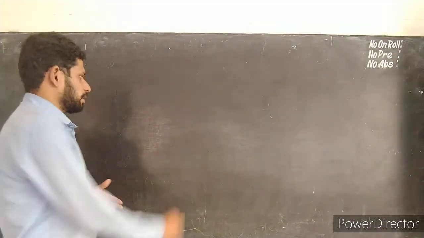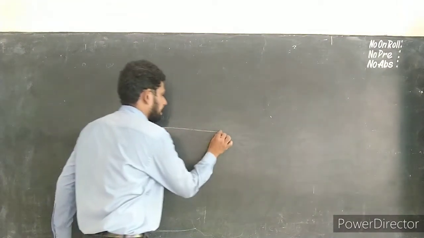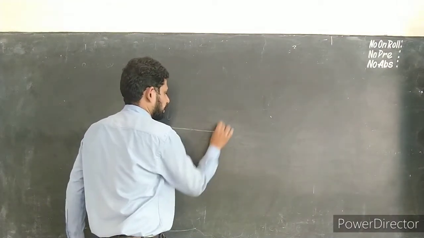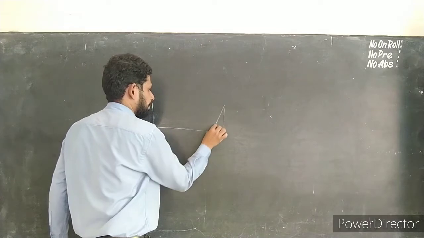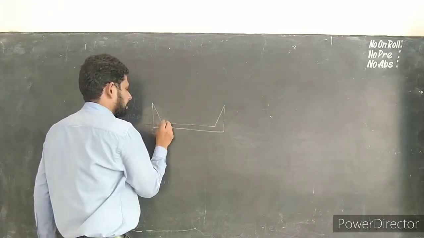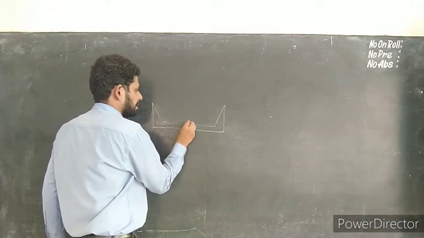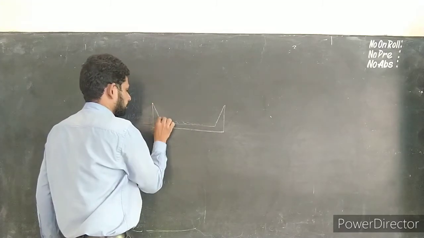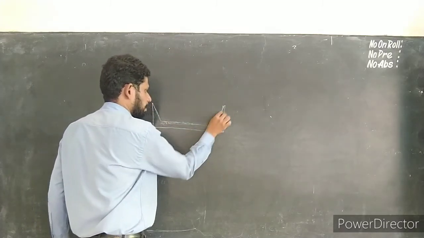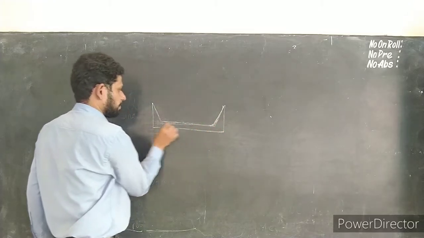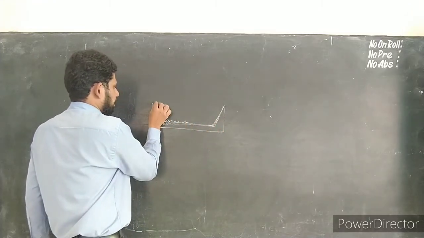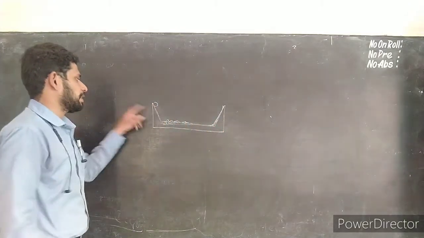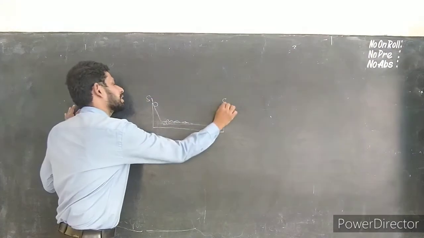What he did: first he took one inclined plane with the same height, but with a rough surface. He rolls the ball from the side S1 to the side S2.